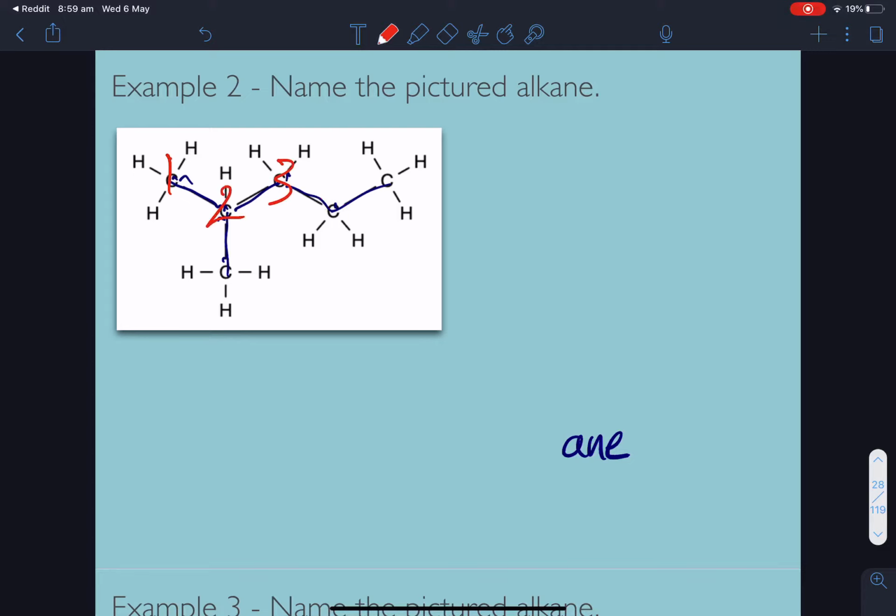I've got another option here. 1, 2, 3, 4, 5. Okay, so our longest chain is 5, no matter which one we're going from. And both are identical around these branches, so it doesn't really matter. The molecule is the same no matter if you start 1 here or 1 here. So let's just choose one way and clean this up a bit.